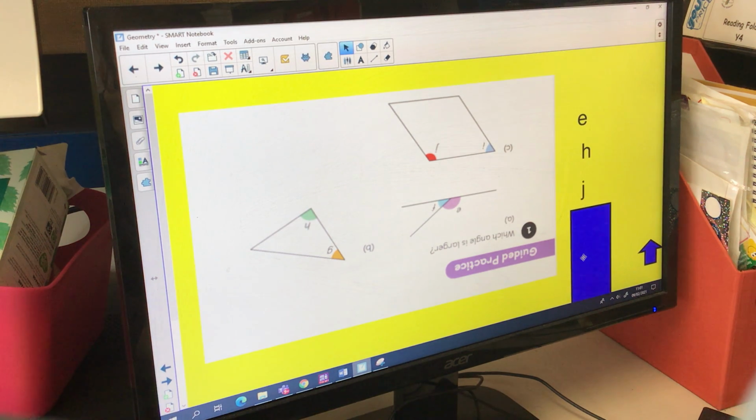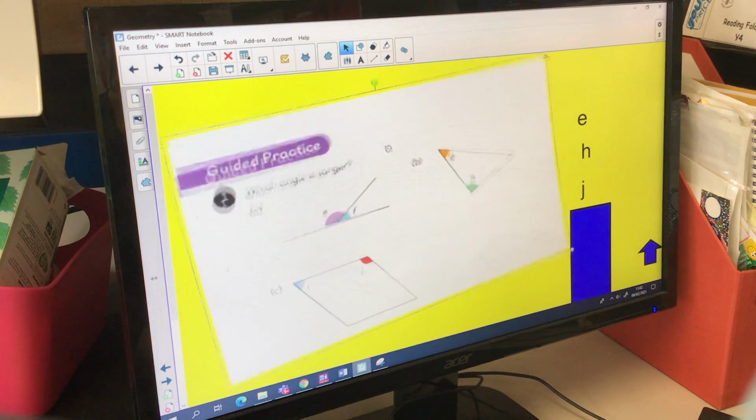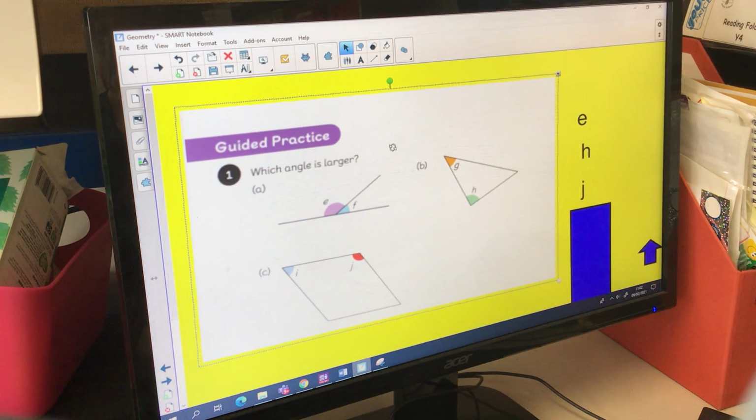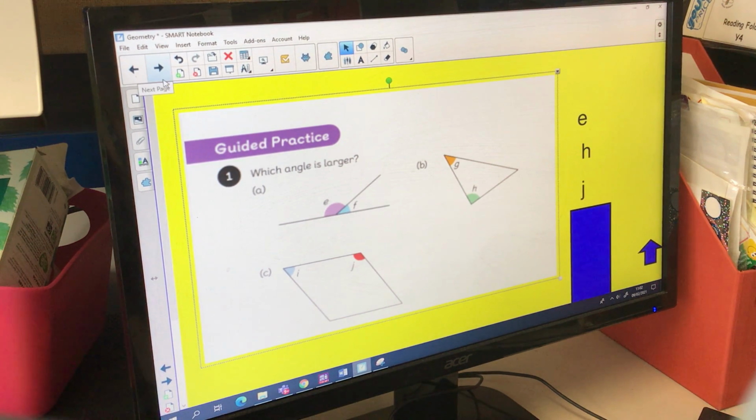So if I turn it back for you, the larger angle there is J. So sometimes, children, you might have to turn it upside down, and I think that's quite a good little strategy, so that you don't have to look at the angle from the top. I think that's quite hard sometimes. Okay.